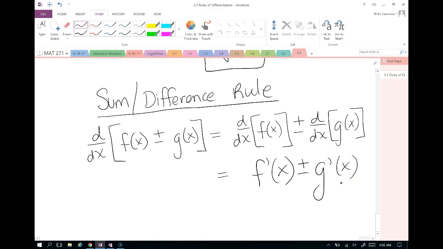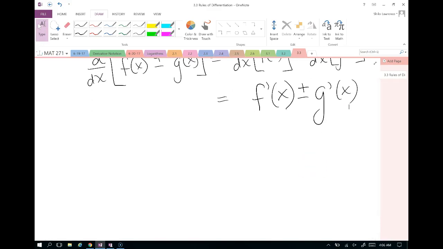So anytime we've got terms separated with addition or subtraction, we just apply the derivative rules on each of the terms individually. So we can take derivatives of big long polynomials by just applying our derivative rule on each individual term.